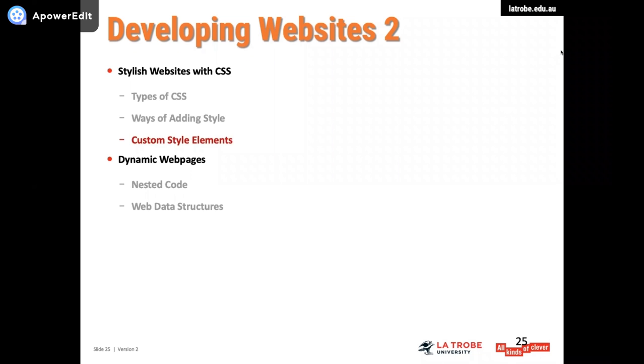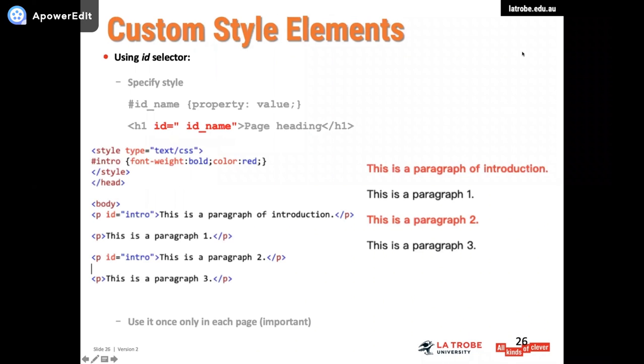First, I will introduce the ID selector. The ID selector and the class selector are two very important selectors. I will give you details of these two. First is the ID selector. The ID selector uses the ID attribute of the HTML elements to select a specific element.